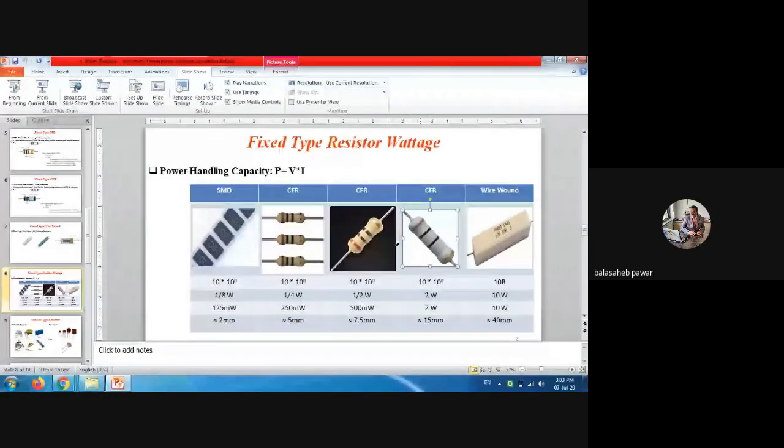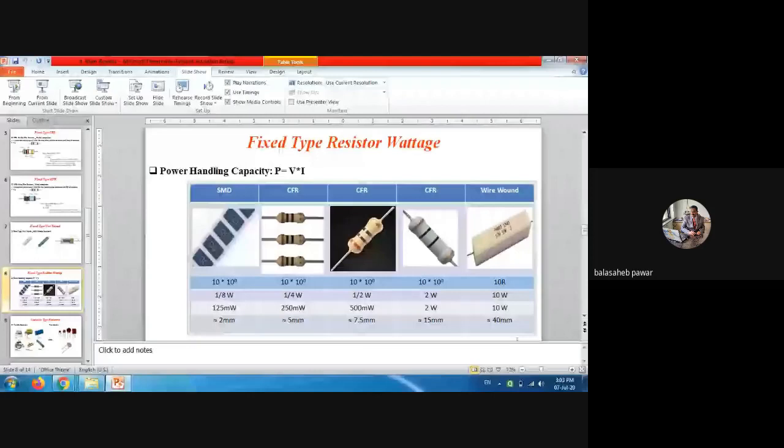That means it is again 10 ohm. Right? And the last one is wire wound type, 10 ohm, 10R, it is directly written over here, but the size of this wire wound is again more or large as compared to previous. So here the size of the resistor increases from left to right, while all resistors are of 10 ohm. Clear?